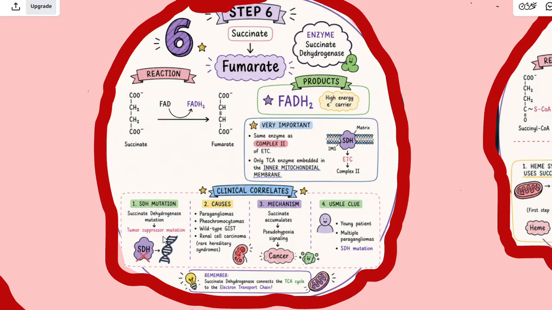So succinate accumulates, right? It acts as an oncometabolite, and this is similar to the IDH mutation we just saw in the previous video. When succinate accumulates and acts as an oncometabolite, it stabilizes the hypoxia inducible factor, and that promotes angiogenesis and tumor growth, right? Okay, moving on.